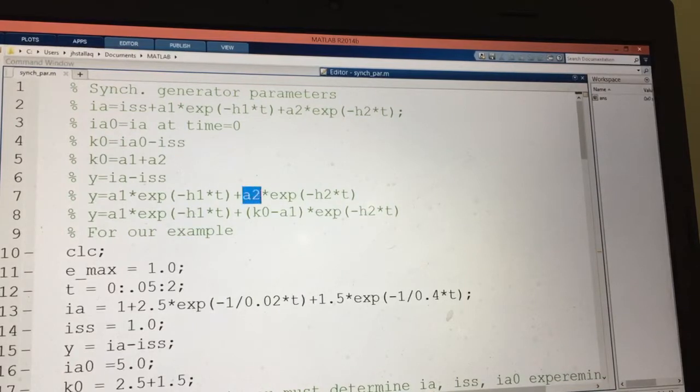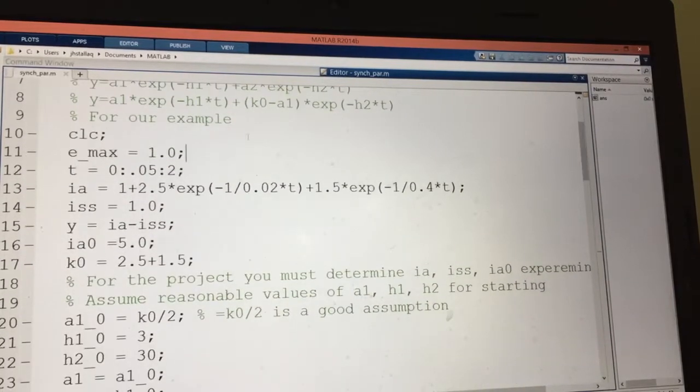We substitute A2 by K naught minus A1, since we know the summation of A1 plus A2 equals K naught. Then we clear the screen.